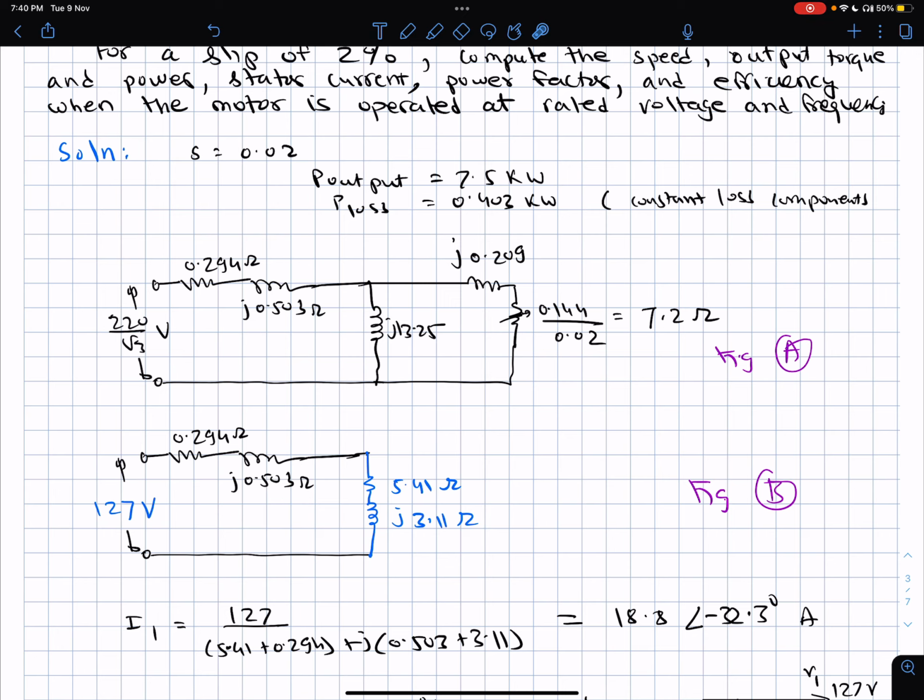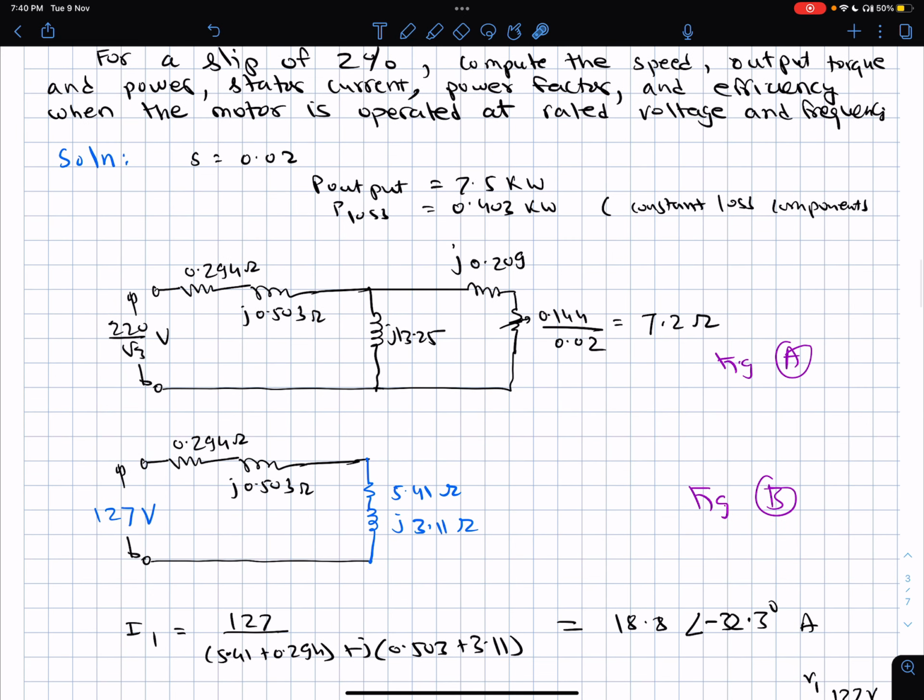The reason we are doing it is because in general the slip can keep changing. This part we want to keep separate, as if this is a load, and this one we want to separate out into an equivalent circuit. So what we will do is, let me see what have we done.